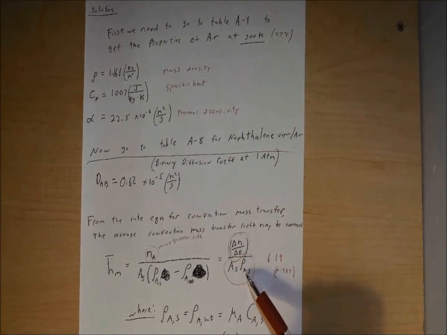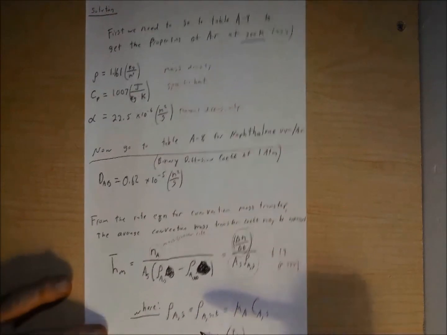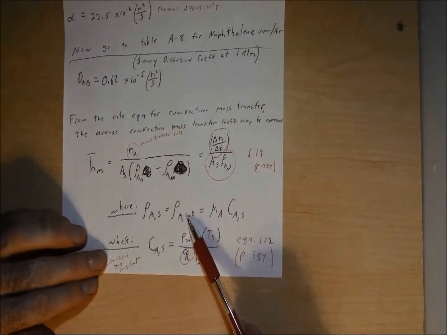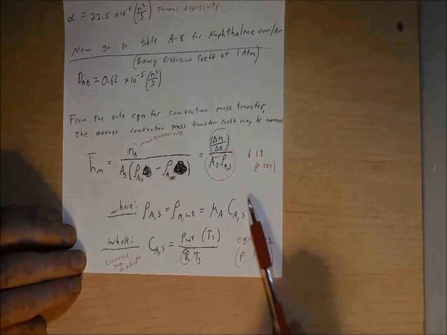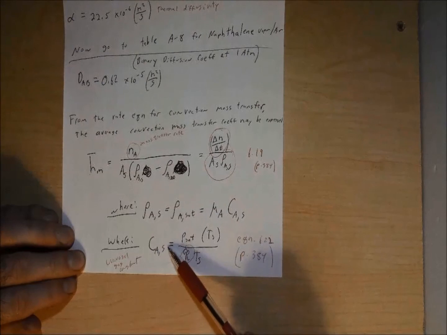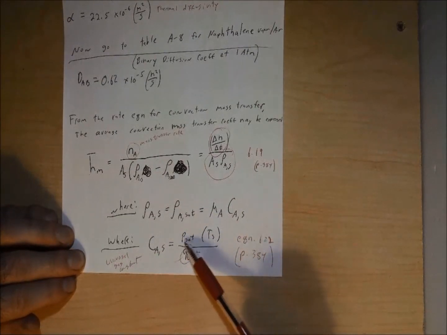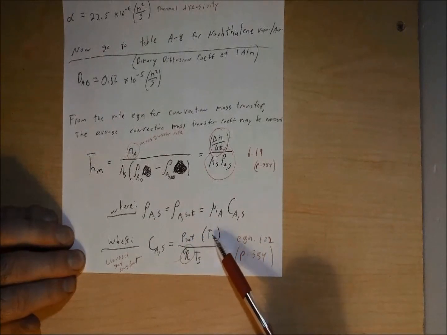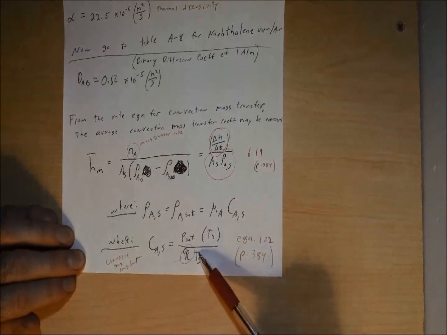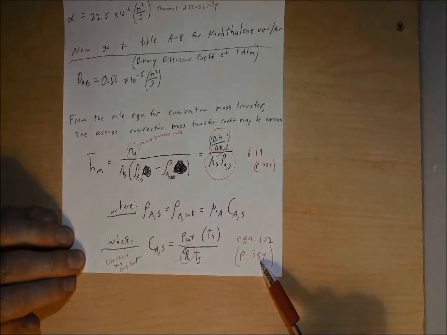So we take a look at our density A comma S. For our specific problem, this is a value of our density A comma saturated, which we have in our problem statement, equal to our molecular weight times this constant C A comma S, where C A comma S is given by the definition for P saturated, or density saturated, divided by the universal gas constant times T sub S. And this comes from equation 6.22 on 384 as well.